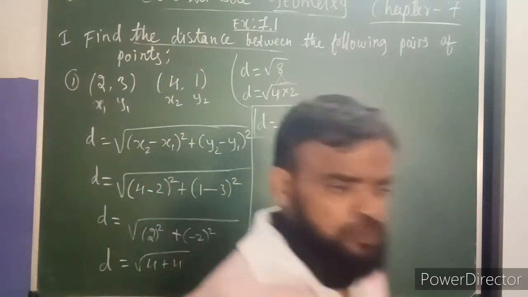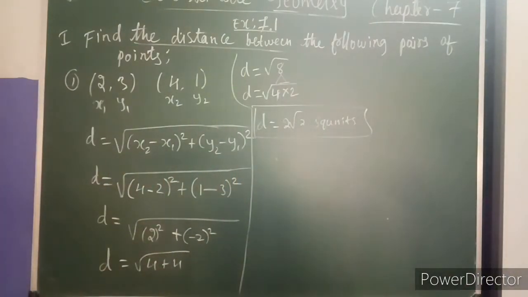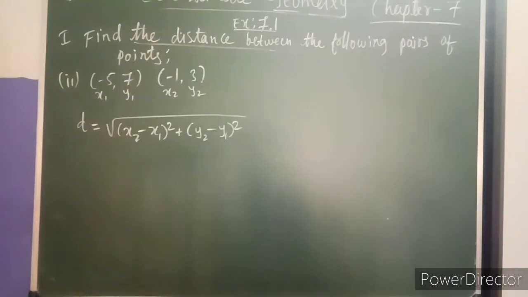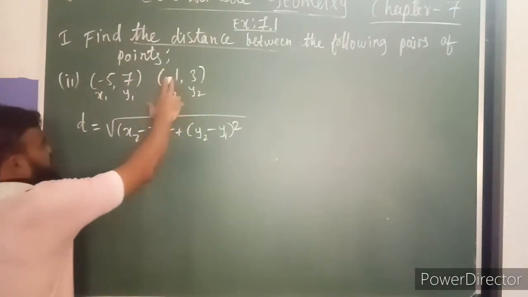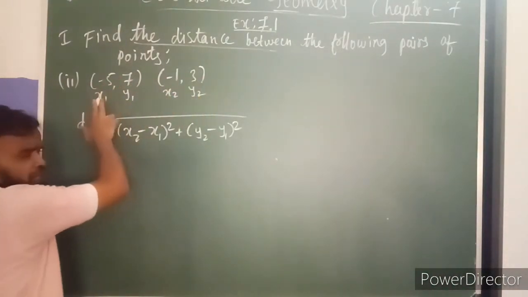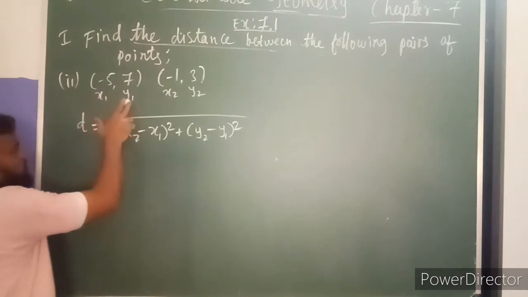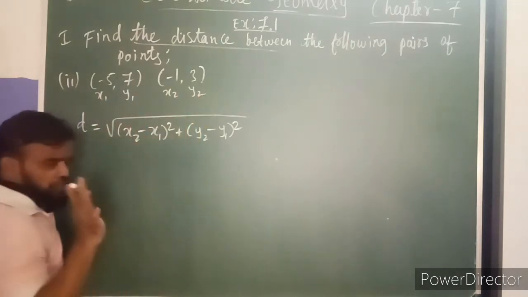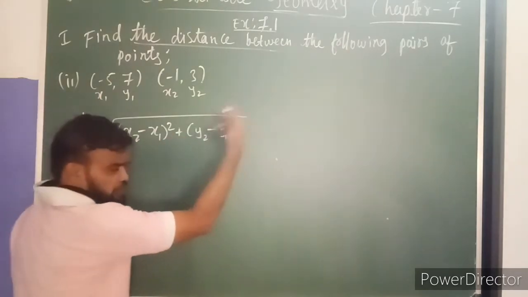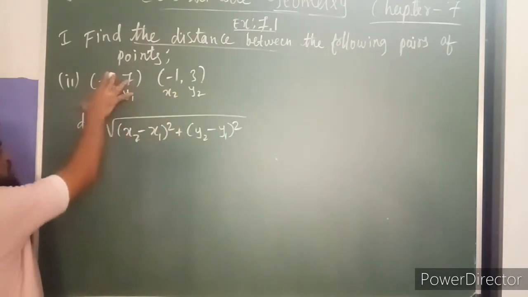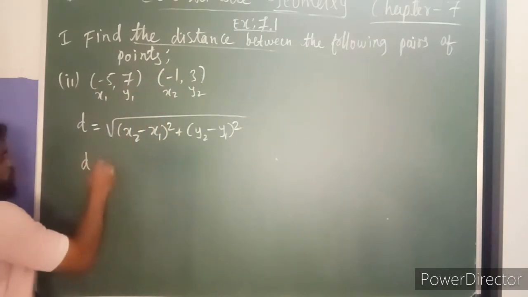Note it down. So the second question: (minus 5, 7) and (minus 1, 3), we have to arrange as x1, y1, x2, y2. Right? So again the formula: (x2 minus x1) whole square plus (y2 minus y1) whole square. We put in the values from the given question.